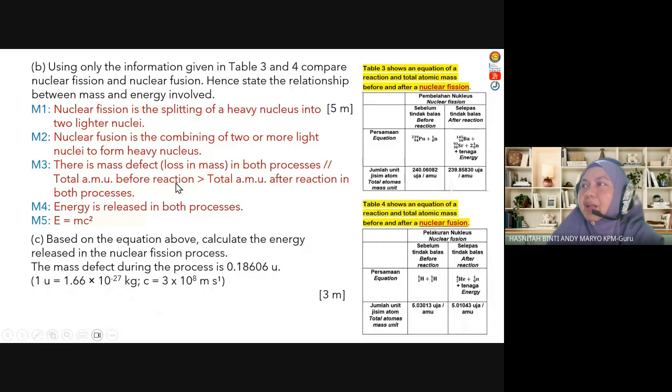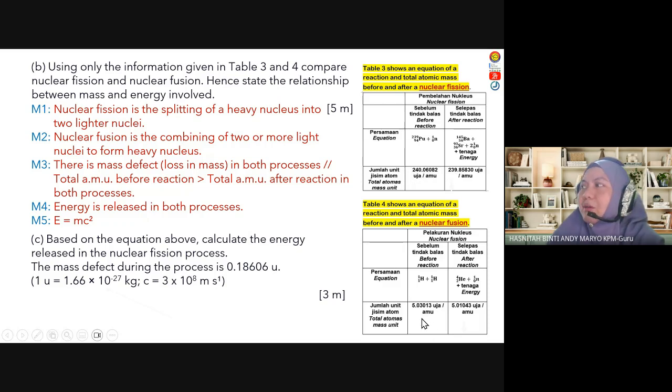The third comparison, you can compare the mass defect. There is mass defect in both processes. So you can mention the total AMU before reaction is greater than the total AMU after reaction in both. Here, the total before is 240, after is 239, so less.